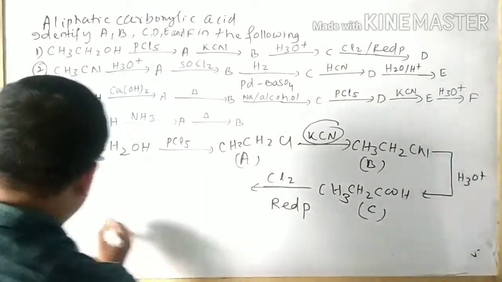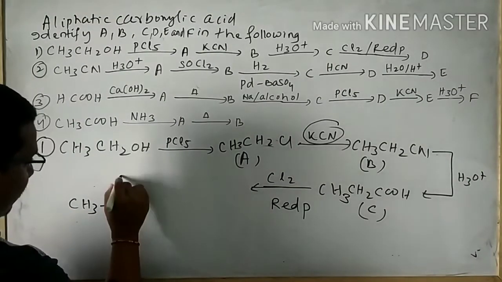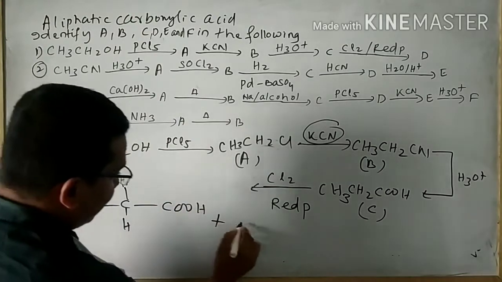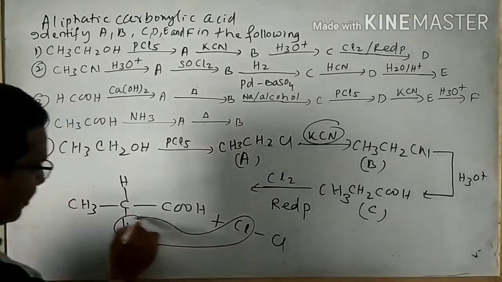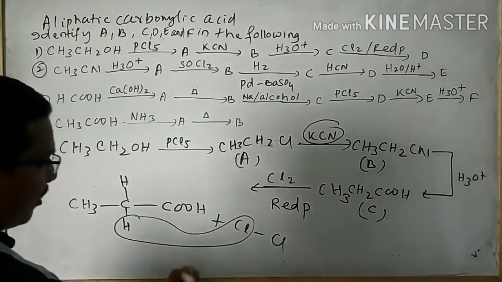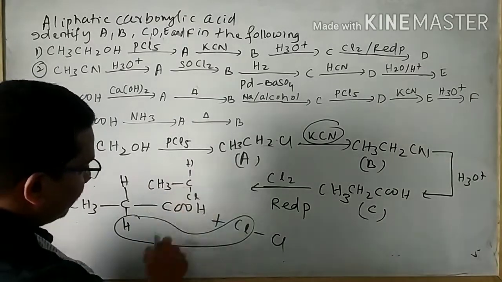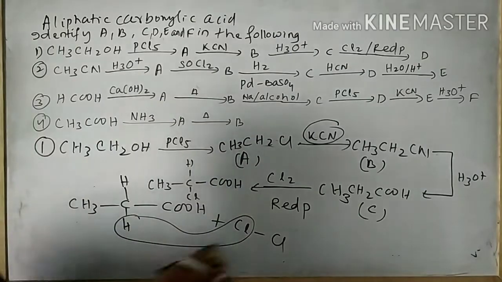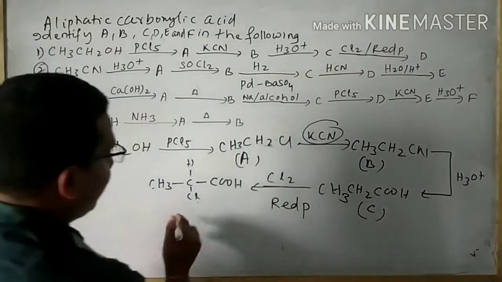That is CH3CH2COOH. When it is subjected to reaction with chlorine, then one HCl molecule is removed. Then the other is CH3 bond CH, this is your chlorine atom, next is COOH. This is said to be product D.